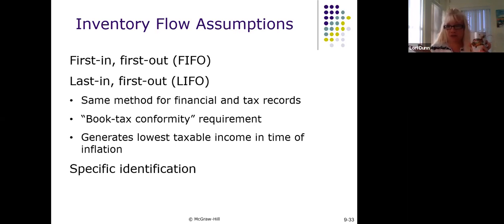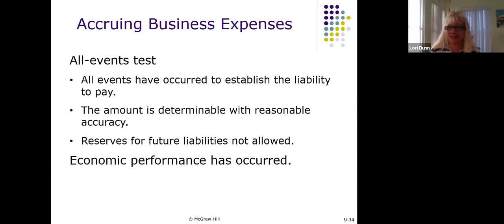We just don't have the technology here, or we don't use it yet. But if I bought 10 of these to sell, I could track them. And that's what specific identification is. So you have 3 methods generally to choose from to remove your inventory, the amount you can deduct as you sell it on your tax return. And they do some demonstrations of that. I just want to bring that to your attention. Let's get into the other fun stuff.